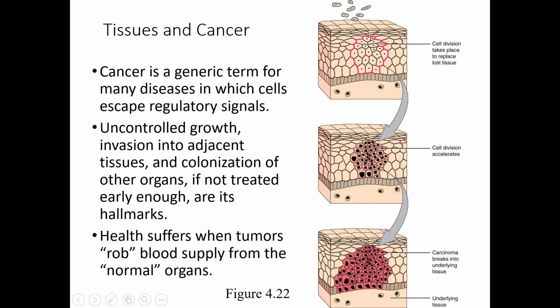So that's how cancer cells are different from normal cells. And when a tumor is growing in some part of the body, the tumor robs blood supply from the normal organs. Tissues are starving, suffering, and organs cannot perform their function.